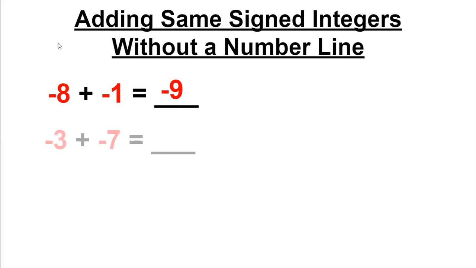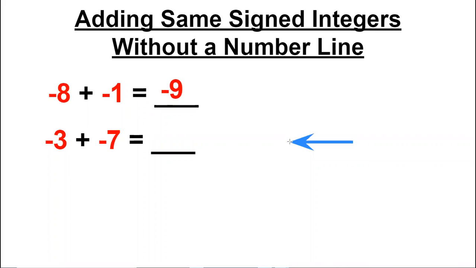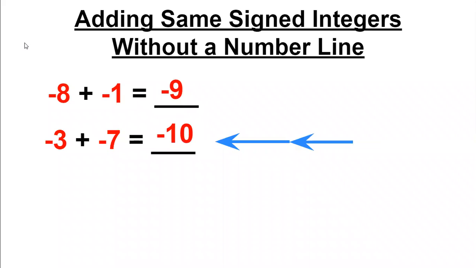Okay, try another one. What is negative 3 plus negative 7? Visualize on the number line going to the left. You go 3 to the left, and then 7 more to the left. Exactly, you will be on negative 10. Excellent.